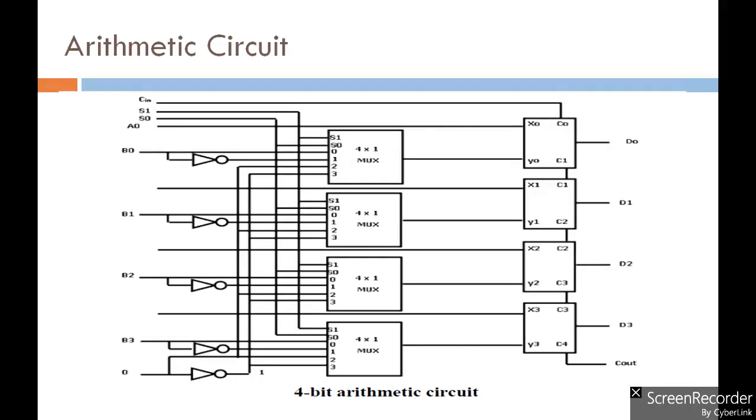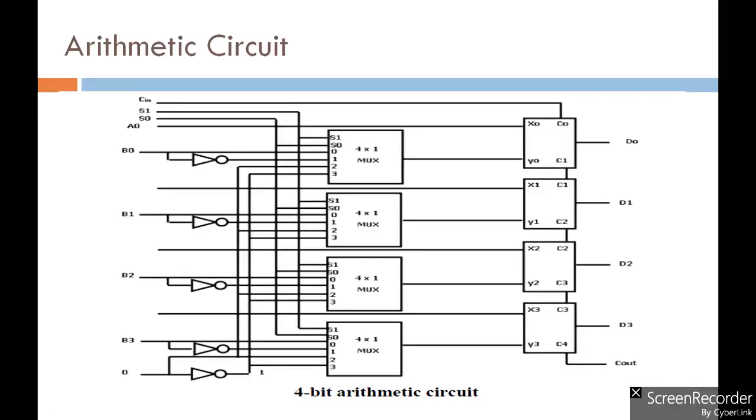Then in the first input line of each and every multiplexer we can see the inverted value of B, that is B0 dash, B1 dash, B2 dash and B3 dash, are connected. Then in the second input line the value 0 is connected directly, and in the third input line the inverted value of 0, that is 1, is connected directly to the last input of each and every multiplexer.